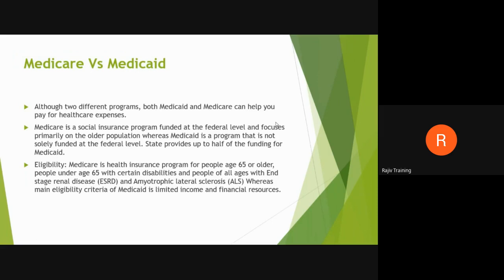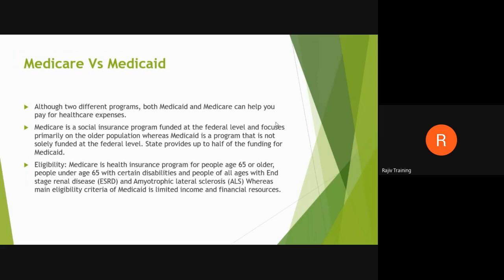Medicaid is not solely funded at the federal level. The federal government provides up to half of the funding for Medicaid, and the state also contributes. That's the difference in terms of funding.